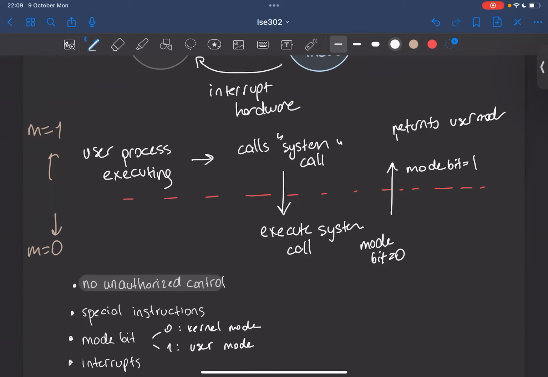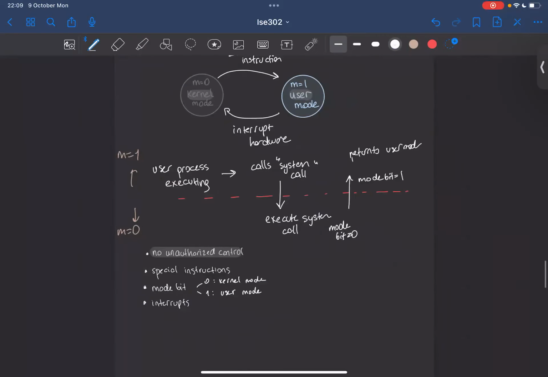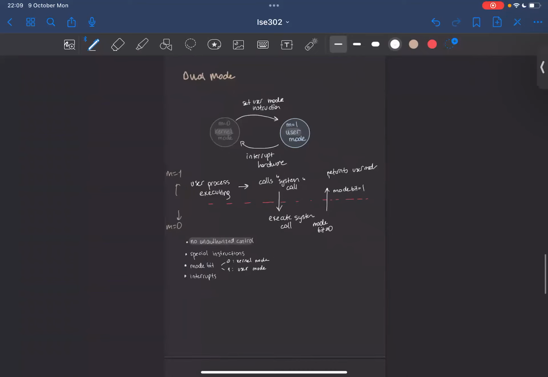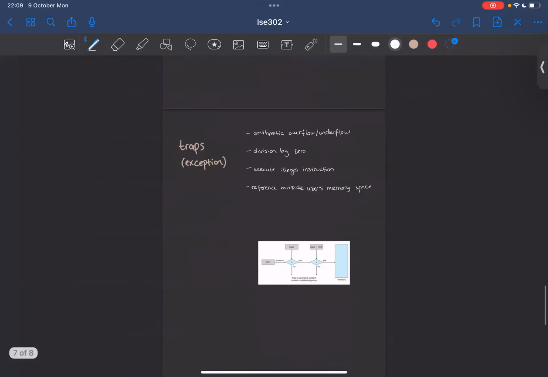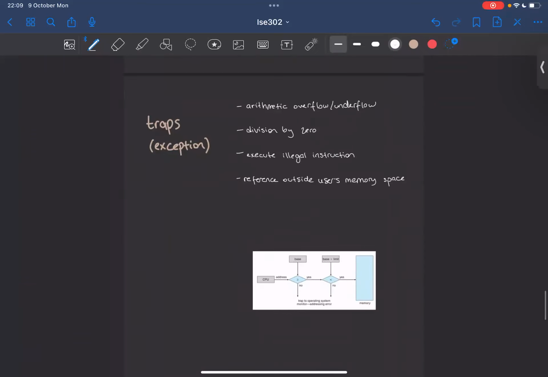So we use exception or traps in the computer system, and they are like computer signals that pop up when something goes wrong in a program.